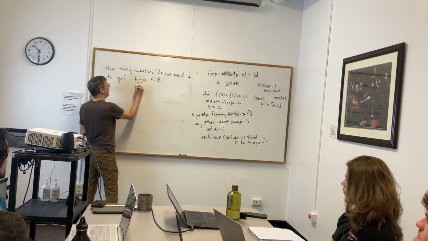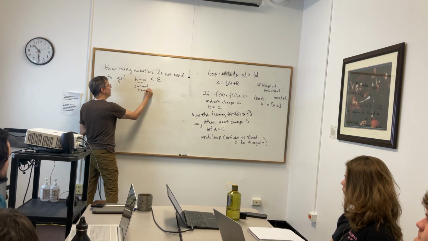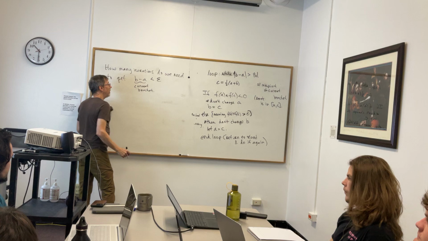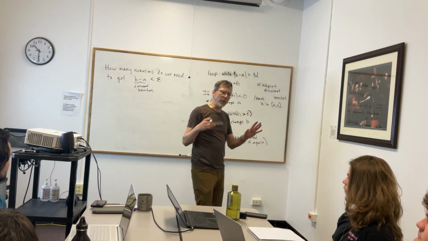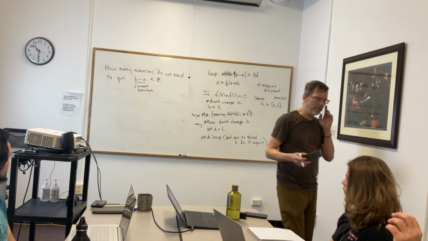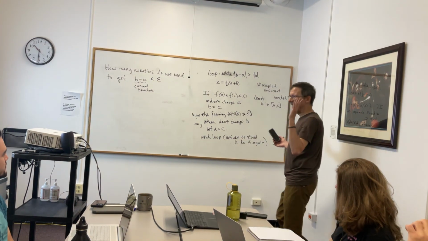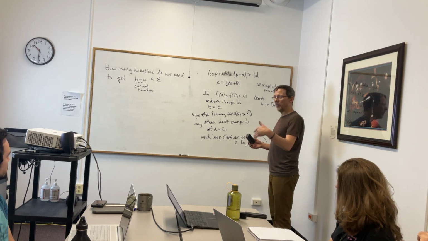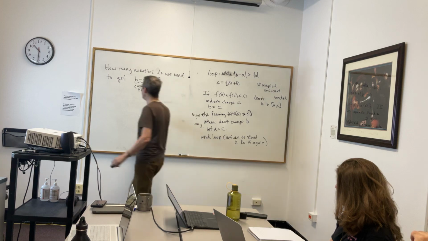So think of this as the current bracket. How are we going to approach this problem? This is now math. And remember how the process works. We cut it in half every time. So think in terms of stages.